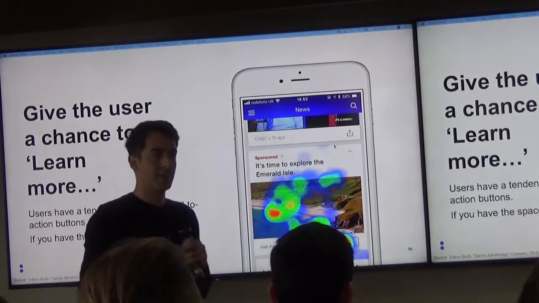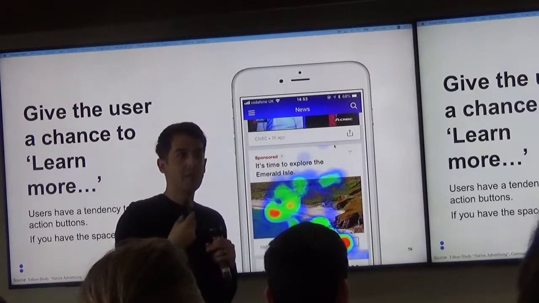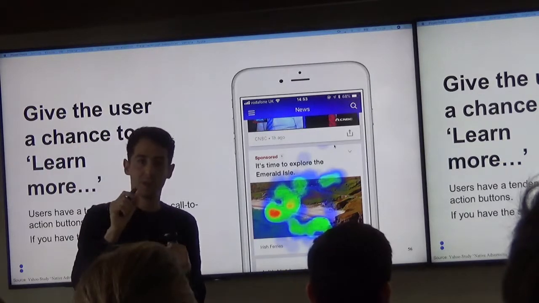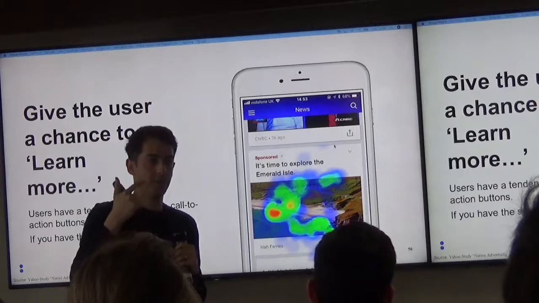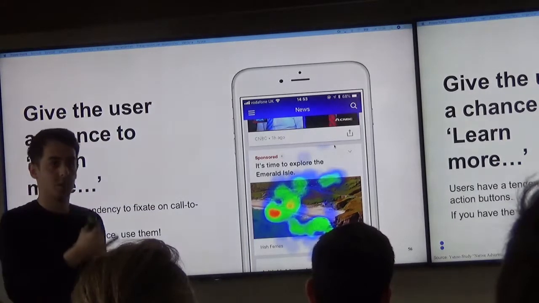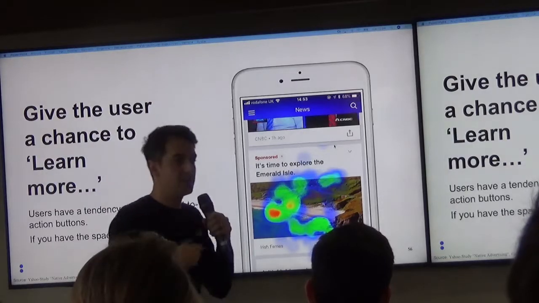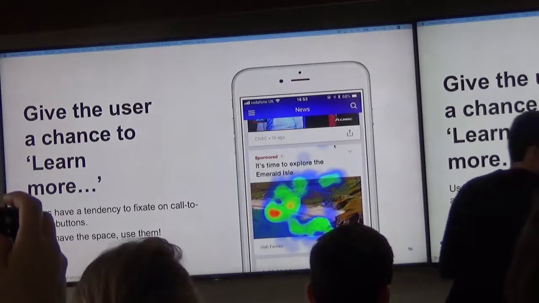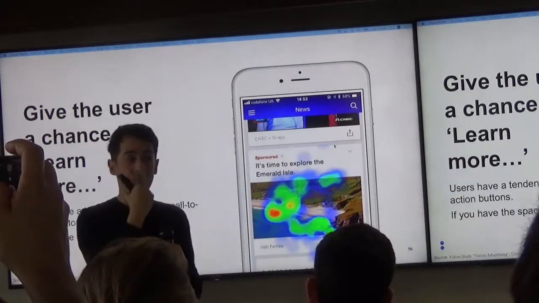The other thing to think about is buttons. So one of the nice things about native advertising is that you can put a button on it. You can have learn more, find out more, get more, download now, get the coupon, click here. All of these call to actions are typically found in buttons that we put down in the corner. Interestingly, the users fixate there.